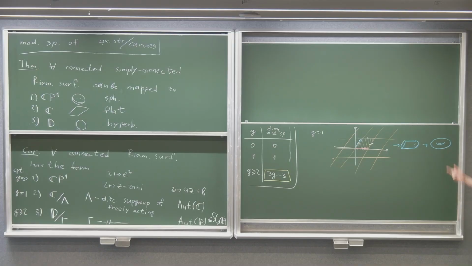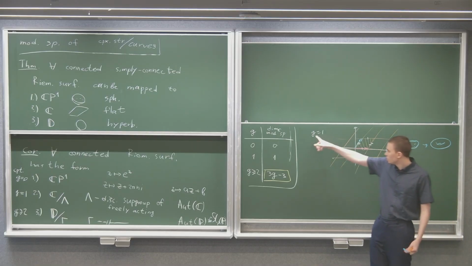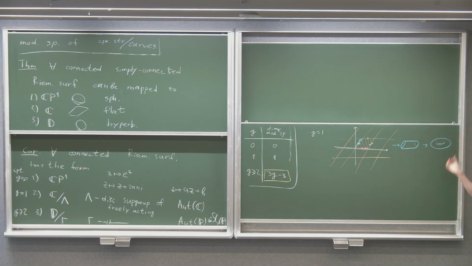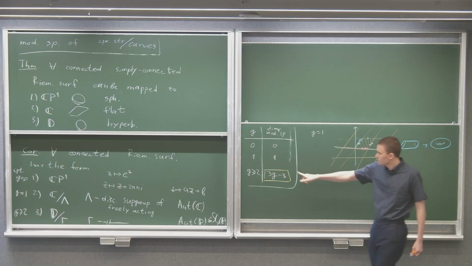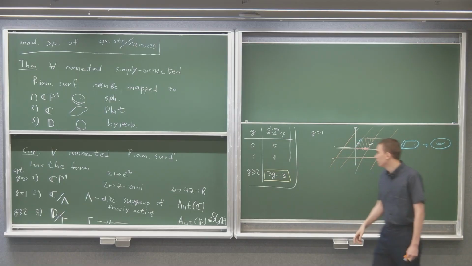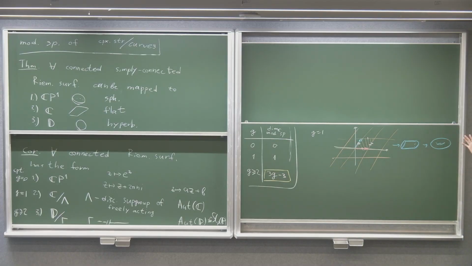A torus is like a sphere with one handle, and this is exactly what g equals 1 represents. We have one handle. But the idea was to get that the space of these different tori, up to isomorphism, is one-dimensional.